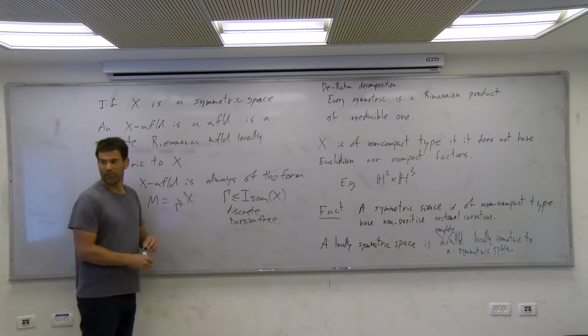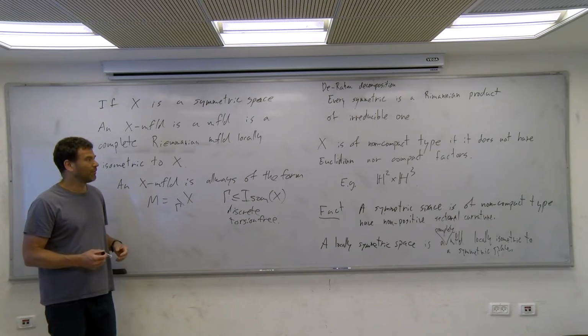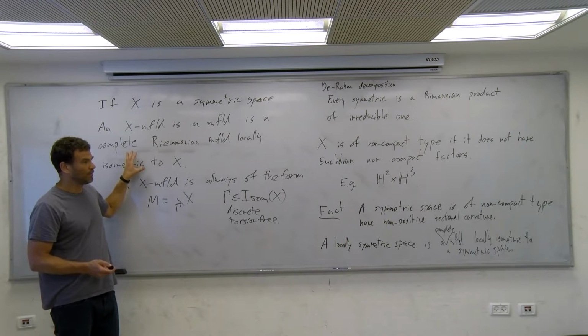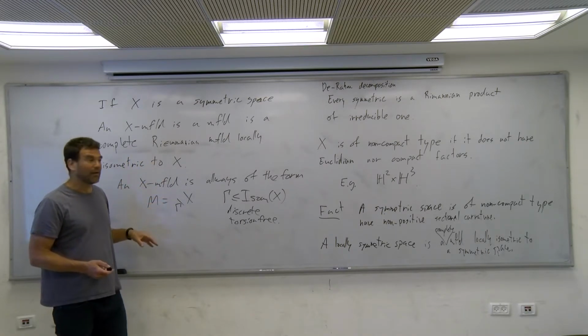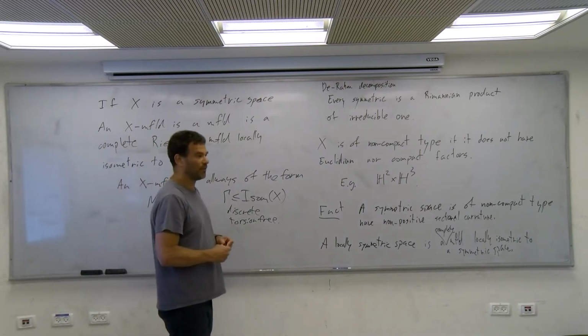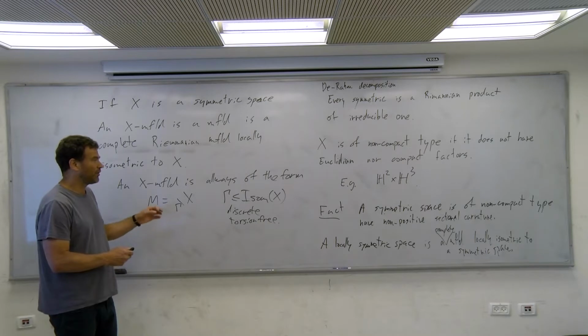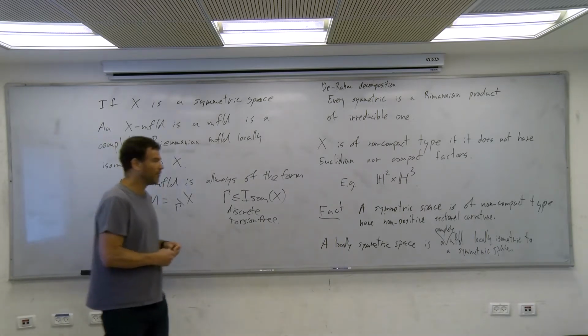For Tal's question, I think the answer is yes, it follows that a symmetric space by your definition has to be complete. A symmetric space has to be complete, yeah. But a locally symmetric space, you can just take the sphere and remove a point. Yeah, I understand. A symmetric space is always complete.